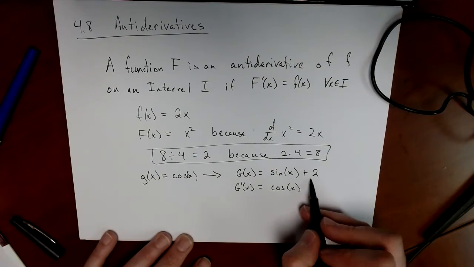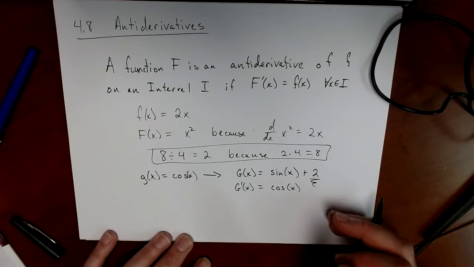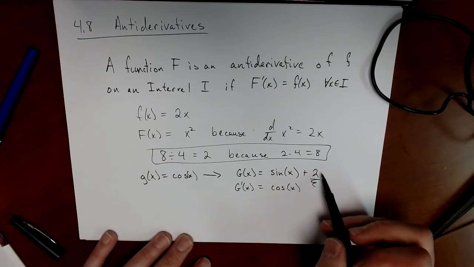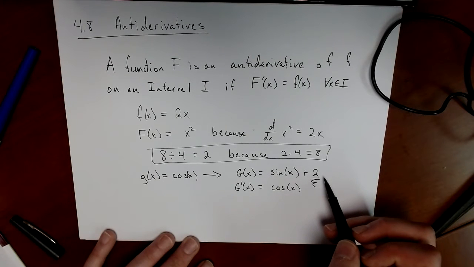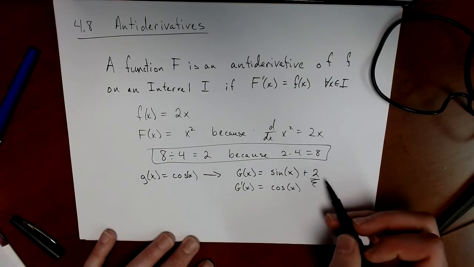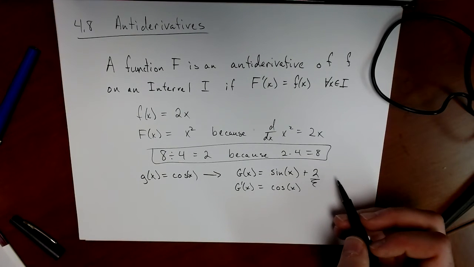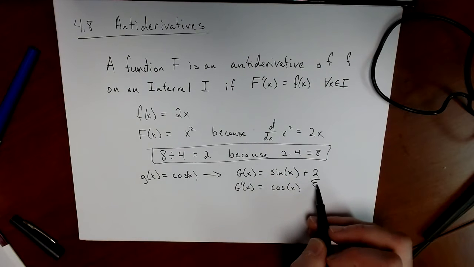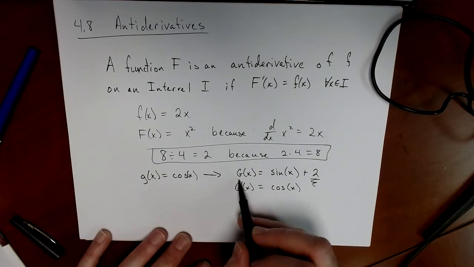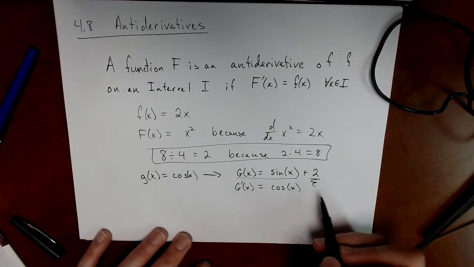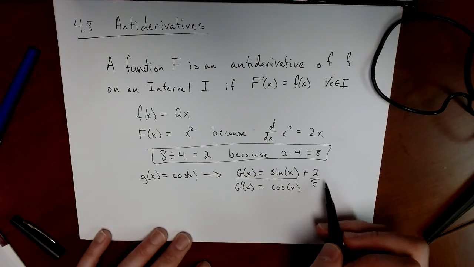And in general, these constants are going to be a fact of life for antiderivatives. So instead of getting a single antiderivative, you're going to get a family of antiderivatives.